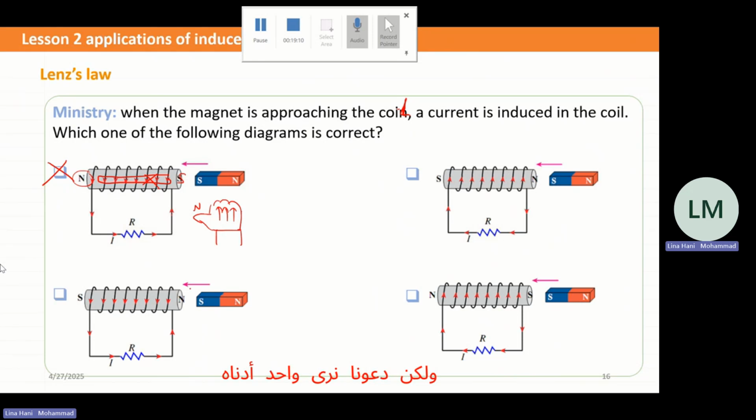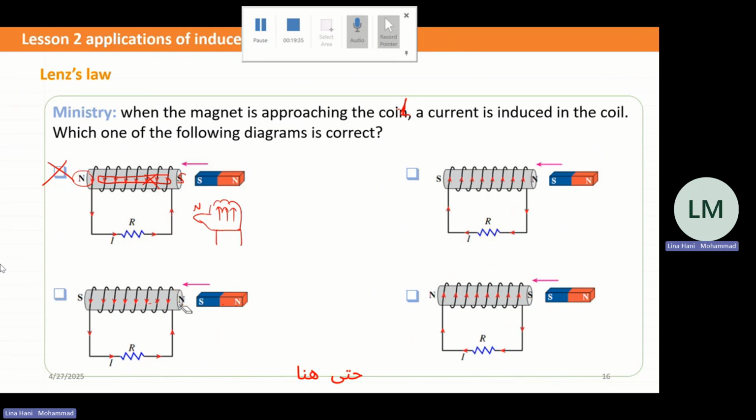So this one is not correct. But let's see the one below. We're trying to push a south pole. The solenoid will get angry and it will generate a south pole, not a north pole. Because if you're trying to put the magnet in, it will try to resist that. It will generate a south pole to try to repel it away.